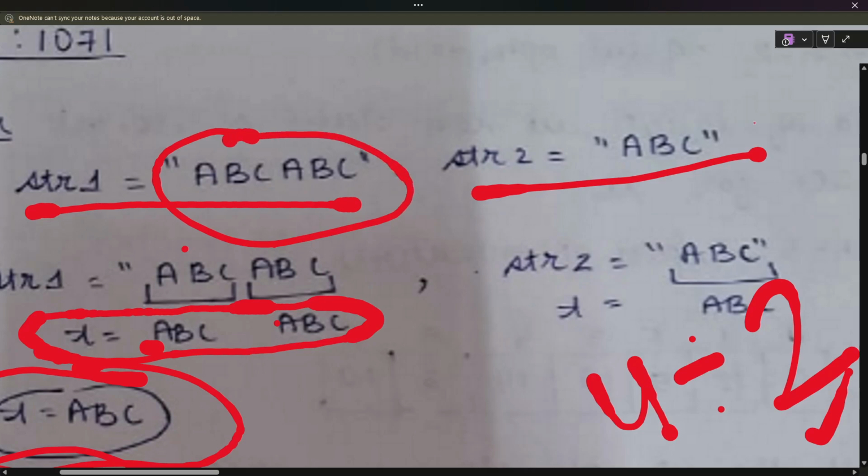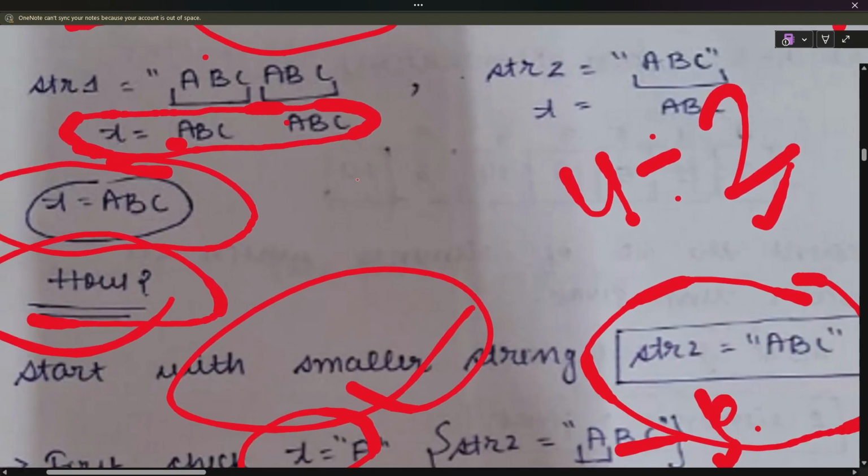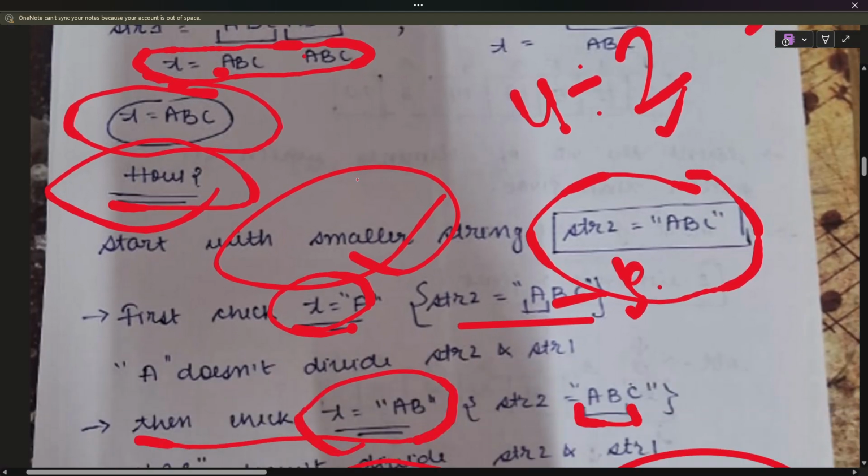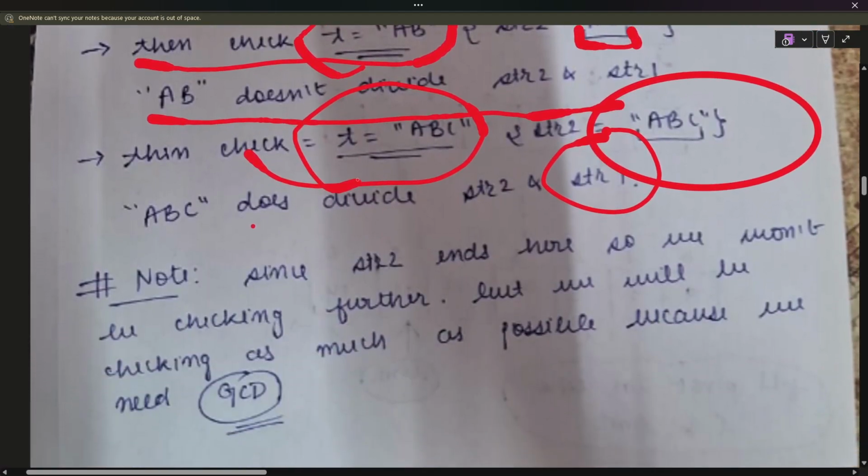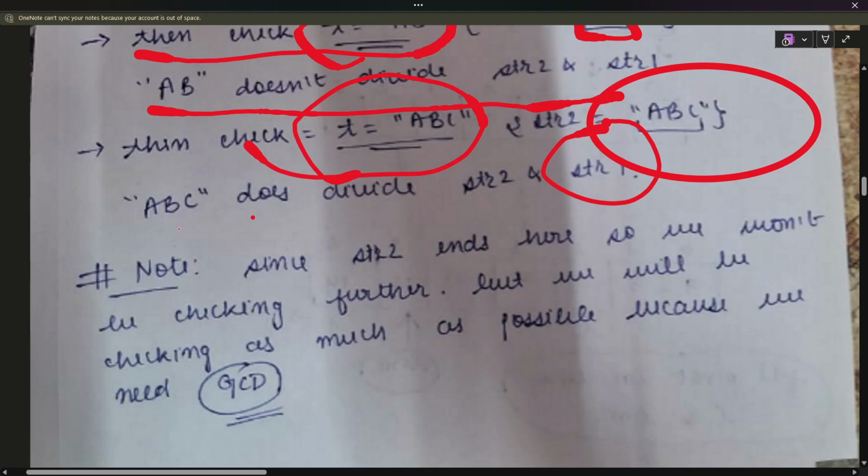We were taking T as ABC, so ABC does divide ABC. Here we can say ABC, ABC. So yeah, that will be our approach, and it would be an easy one, I would say. I mean, easy to implement, but it's a good one.